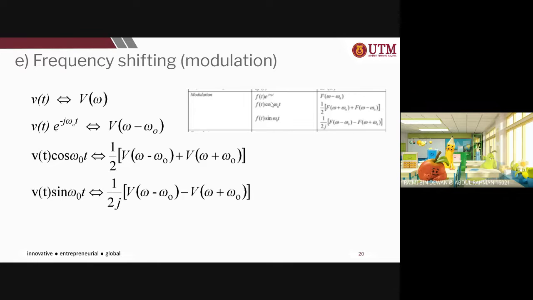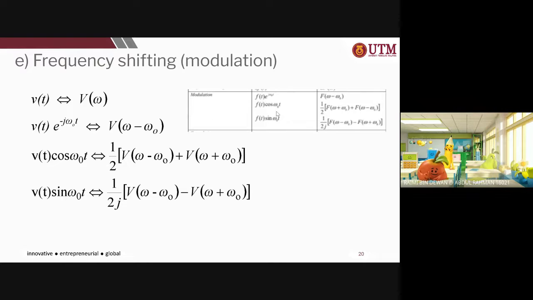Then for modulation, f(t), the information signal, is multiplied with your exponent negative j omega naught t, the carrier wave, and you are going to have in the frequency domain F(omega minus omega naught).